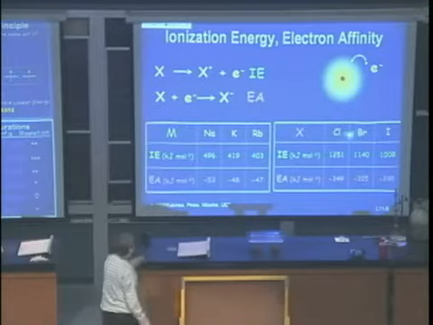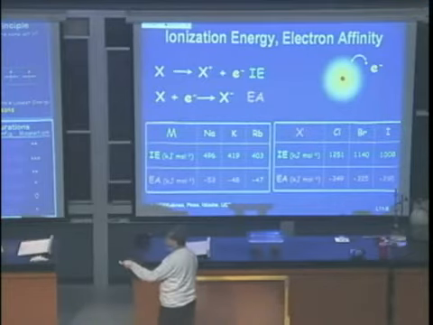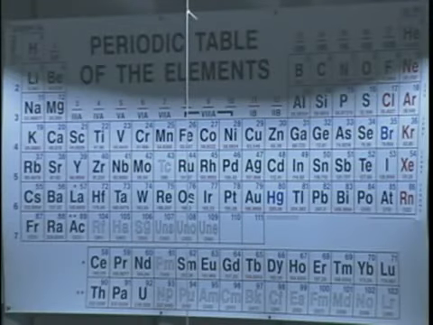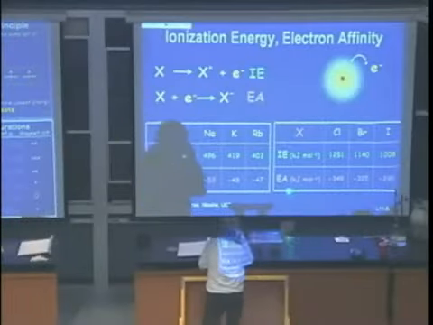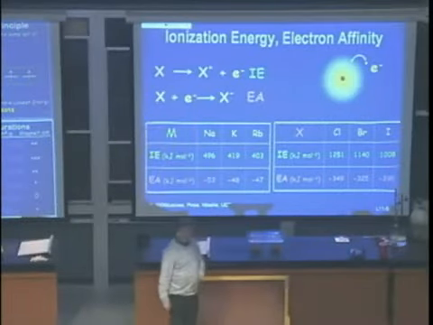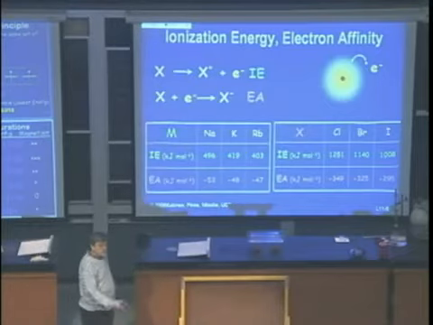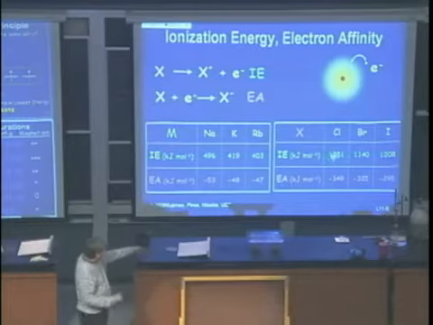But if you go over to the far right side here to the halogens, chlorine and bromine and iodine, they have much larger electron affinities. So they like very much to have a negative charge. You see how difficult it is to rip an electron off of them, the ionization energy is huge compared to this here.